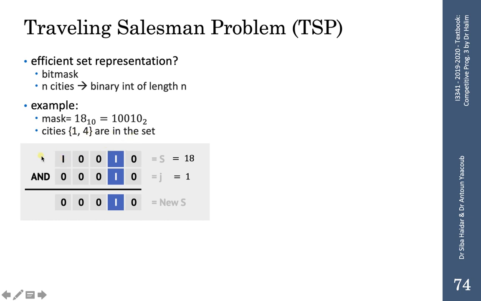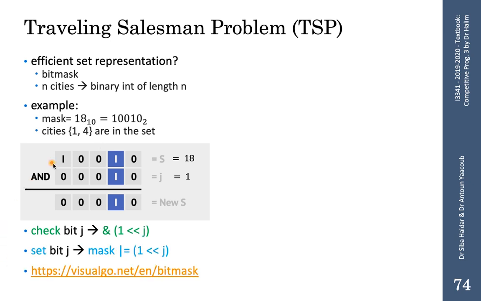And we can use this set to say this is the set of visited cities or this is the set of unvisited cities, which is our choice of how we will use the mask. But the idea here is that we can use a bit mask representation to represent a set. This is a very efficient way.